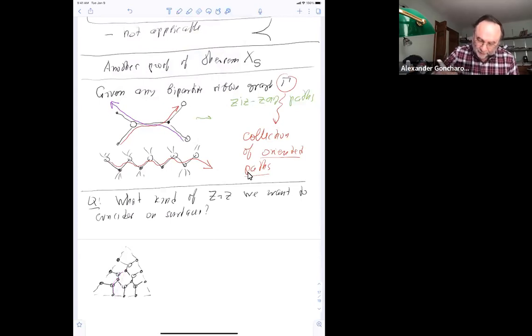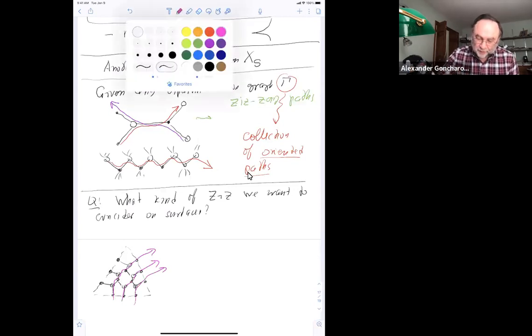So this is how the zigzag paths look, some of them, three of them.